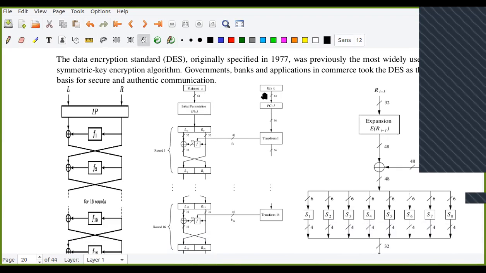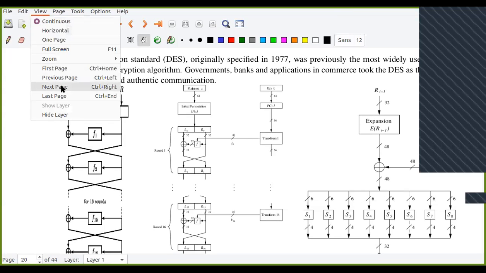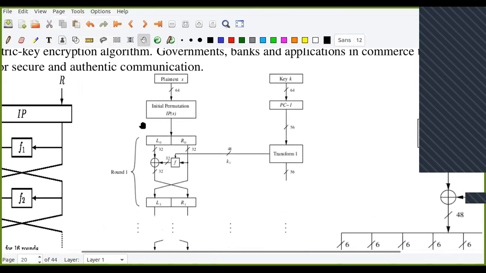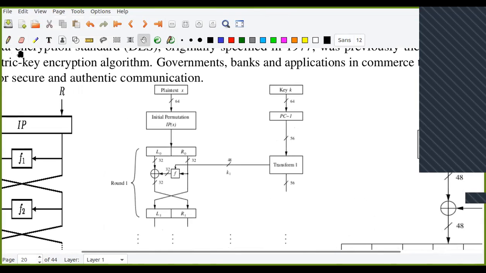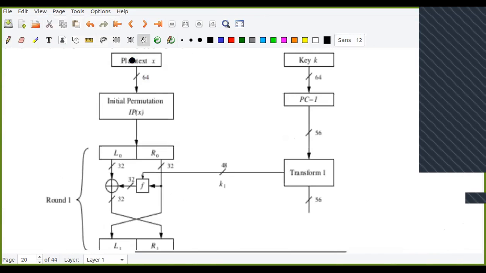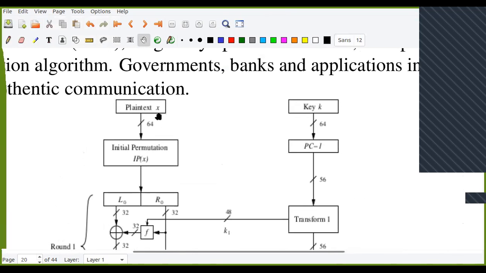I don't know how to increase it. Let me see. Let me increase further. Now I think it is much better, right?